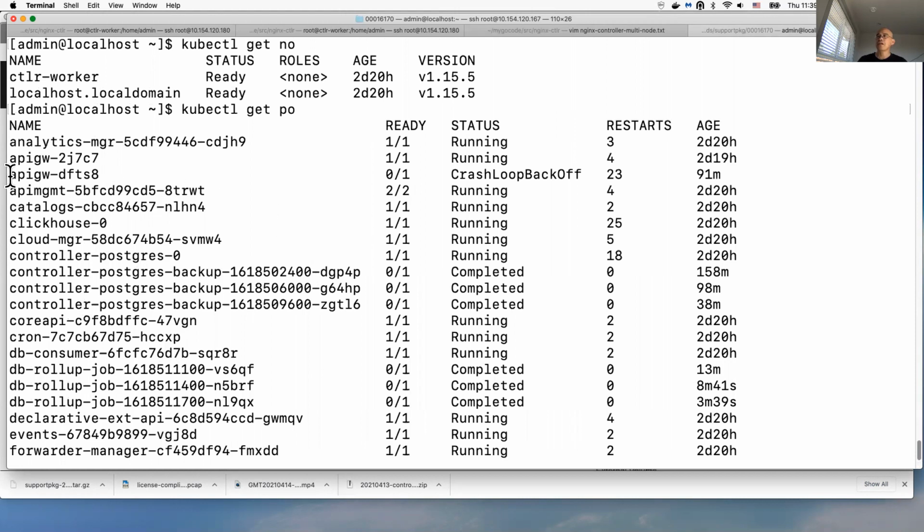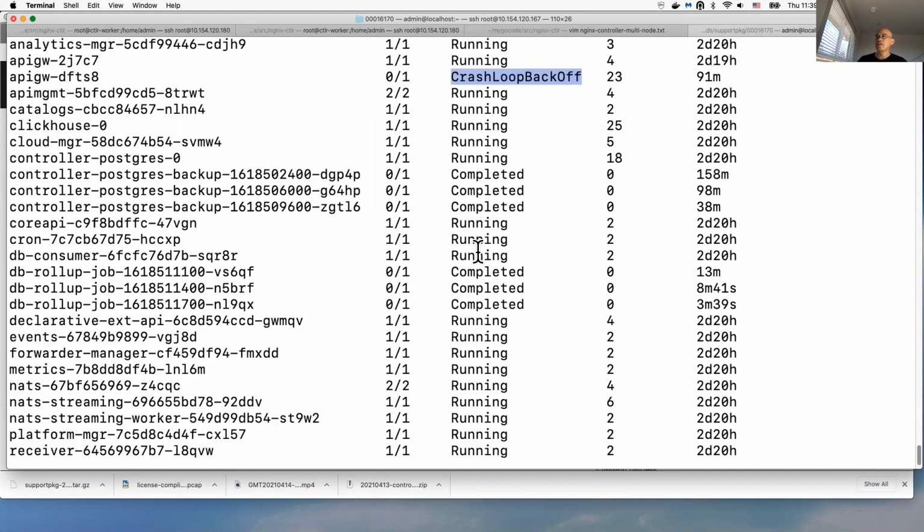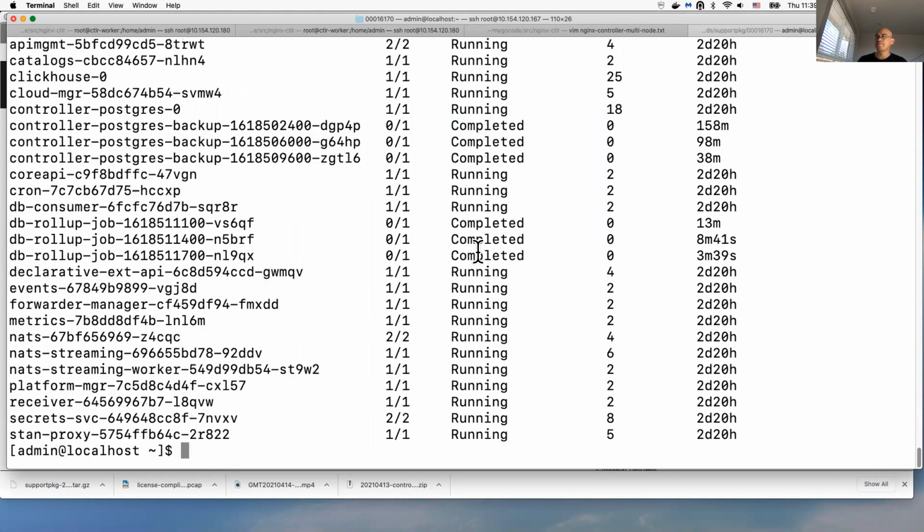But as you can see here, there is an API gateway pod in a CrashLoopBackOff state. This is not good, and we need to find out what the problem is.